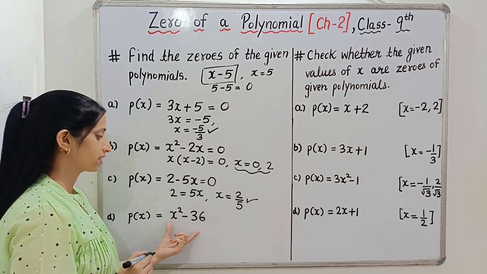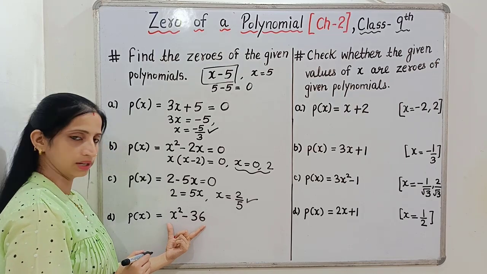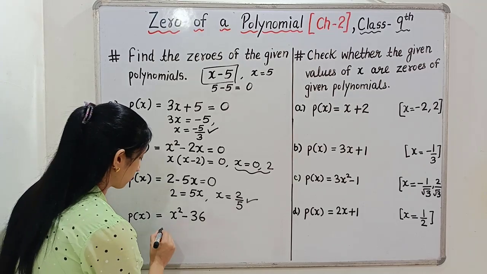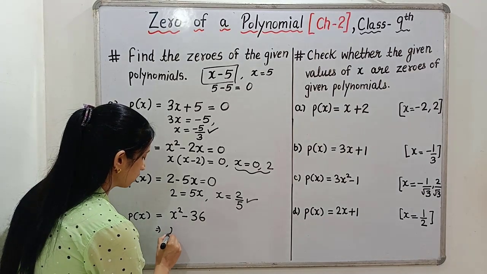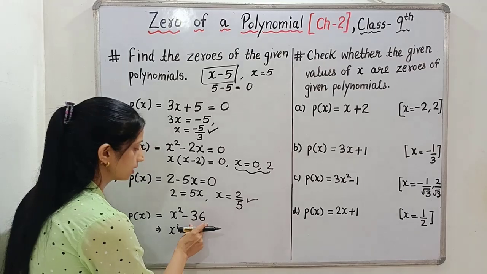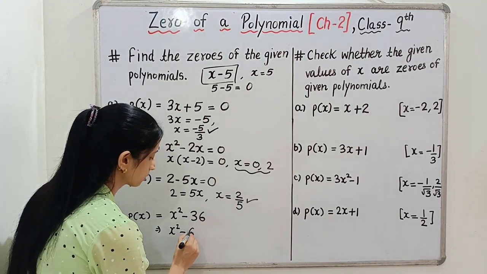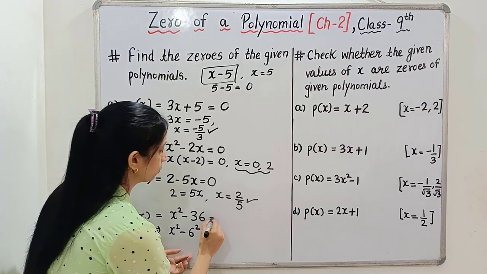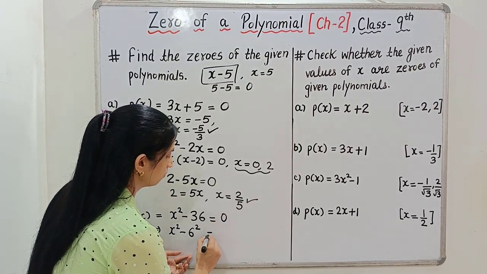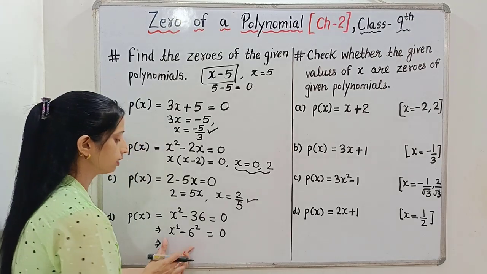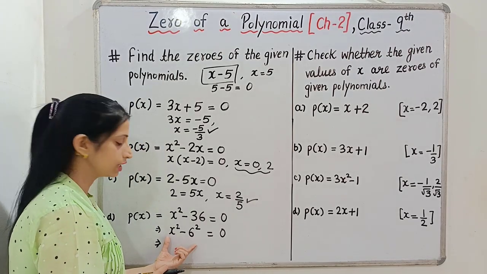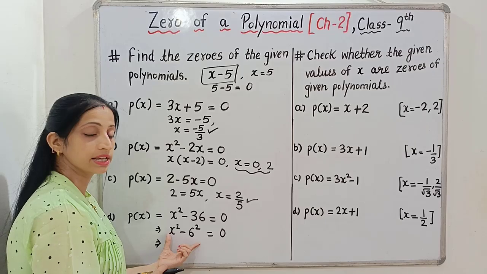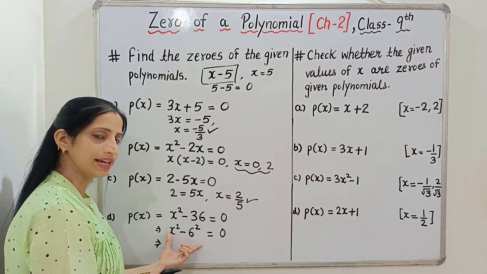Now the next one, x square minus 36. The given polynomial is this one. So let's factorize it. x square minus 36 is nothing but x square minus the square of 6. Now again put it equal to 0. Here we can use the identity a square minus b square. What is a square minus b square? It is (a minus b)(a plus b).